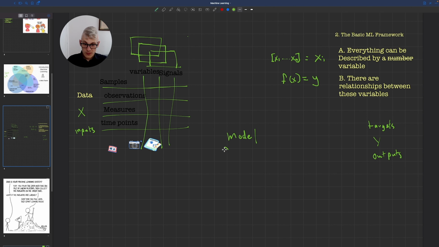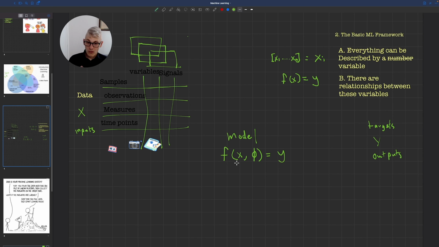A very simple model could be something like f of X and some parameters theta gives you Y, right? That is a very simple model. Now, in fact, this model is a very general way to write down the kind of machine learning models that we have.